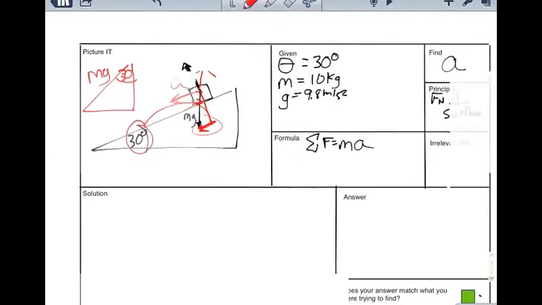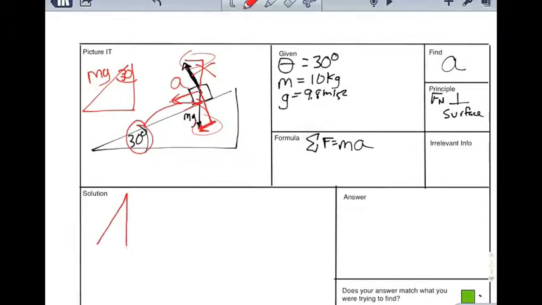And remember, based on this drawing that we have here, if you have a 30-degree angle and you have the hypotenuse is this, you can solve for this side of the triangle using the sine function, because sine of an angle is equal to the opposite over the hypotenuse.